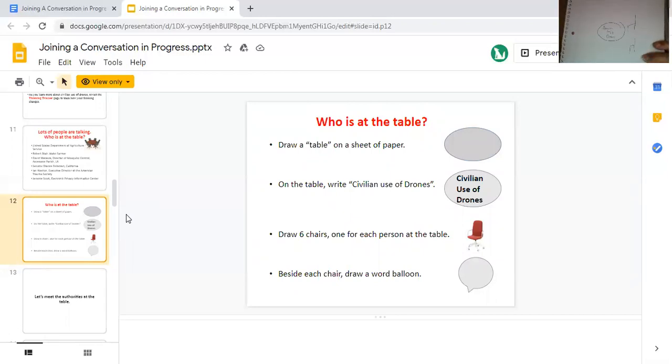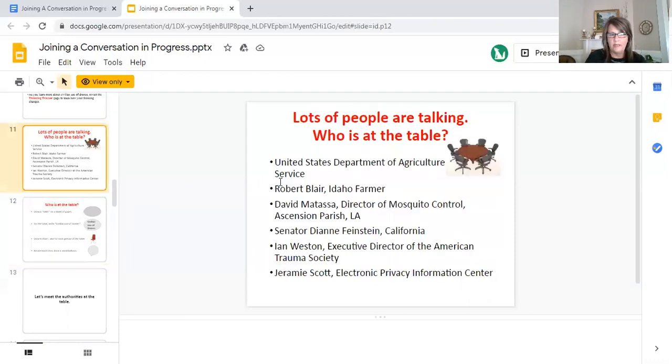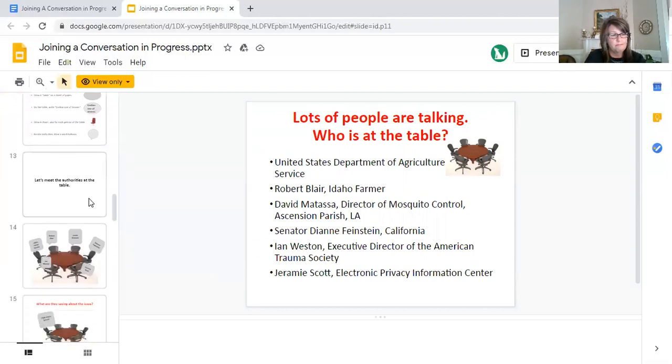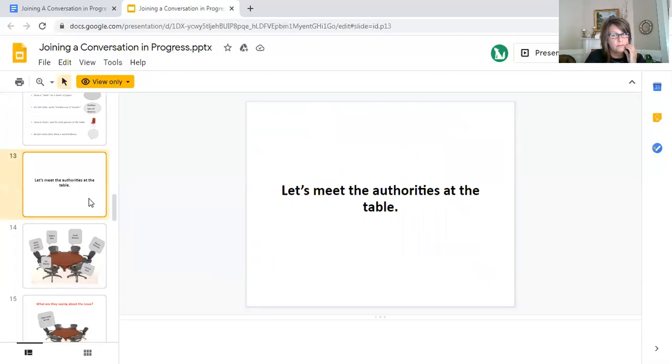So you have your table and you start putting your chairs. And we need 1, 2, 3, 4, 5, 6 chairs. Leave a little space at your table because you'll eventually pull up a chair. You can pause the video if you need more time.